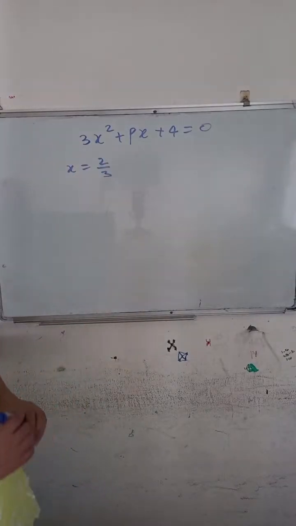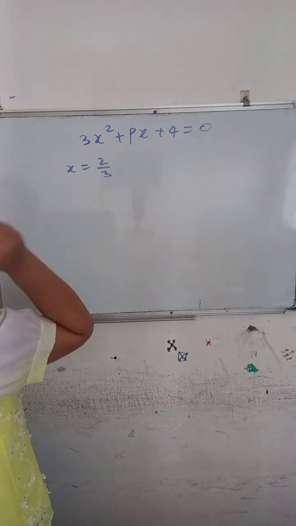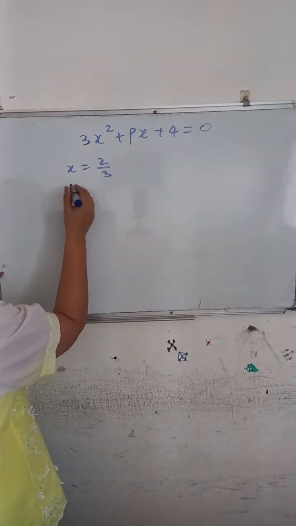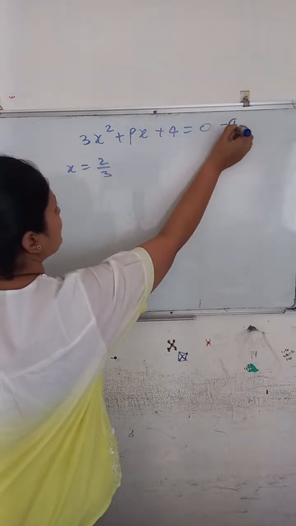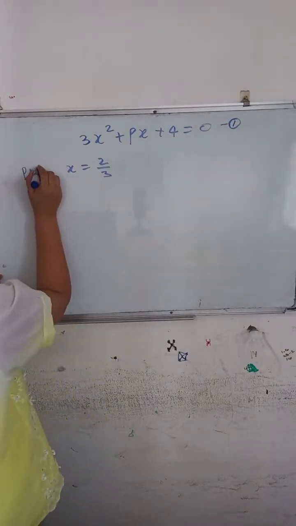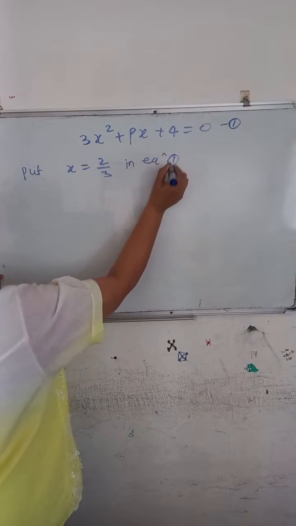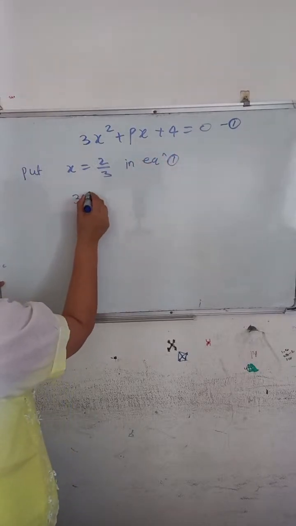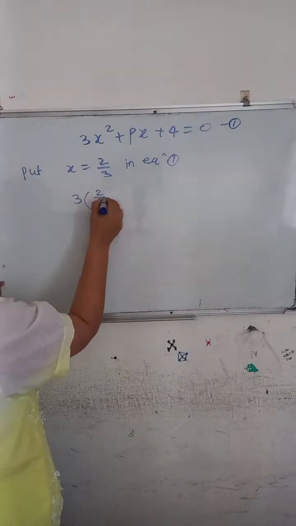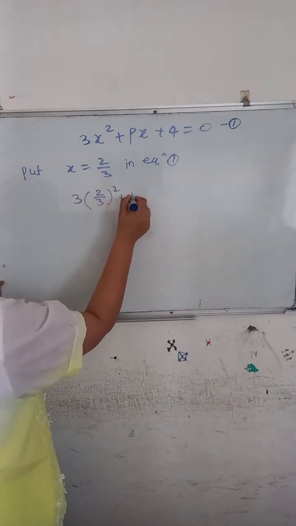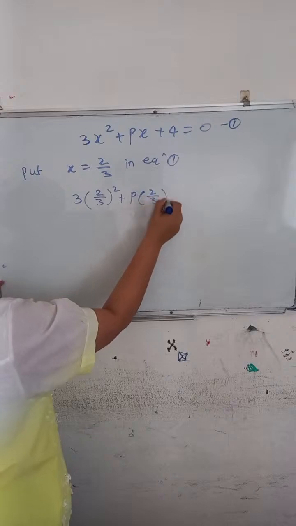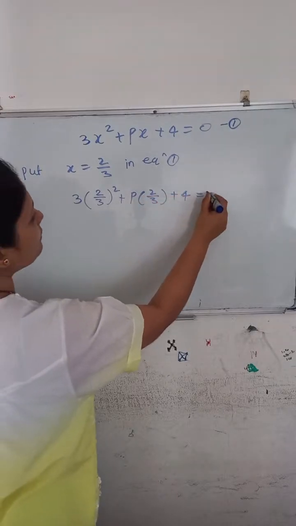Okay, so now put the value of x as 2 by 3 everywhere. Consider this as equation number 1. So put x is equal to 2 by 3 in equation number 1. So 3 times (2 by 3) whole bracket square plus p times 2 by 3 plus 4 is equal to 0.